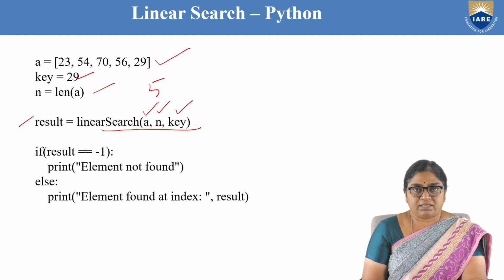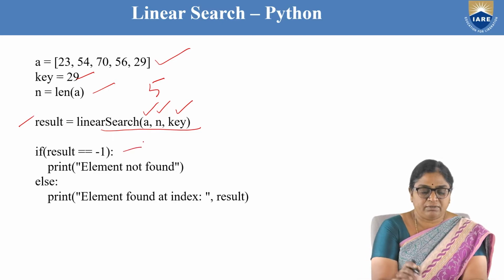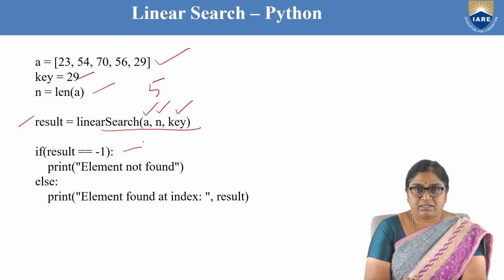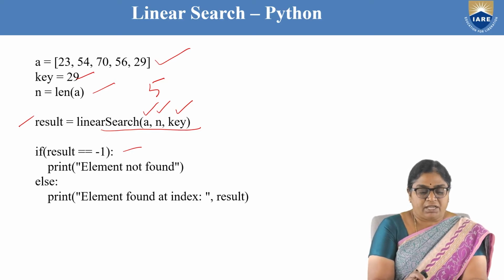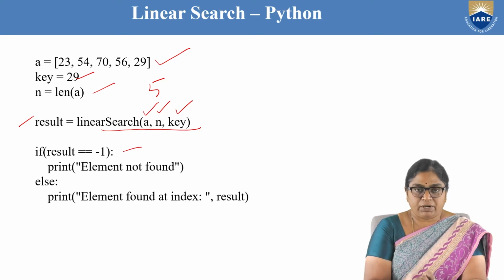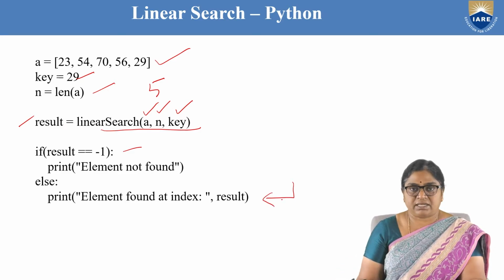So if the result is equivalent to -1, then the key element is not found. It is an unsuccessful search. If it is not equivalent to -1, any other number which is not -1, then it indicates the position. That means the search operation is successful and we will display the index at which we found that particular element.